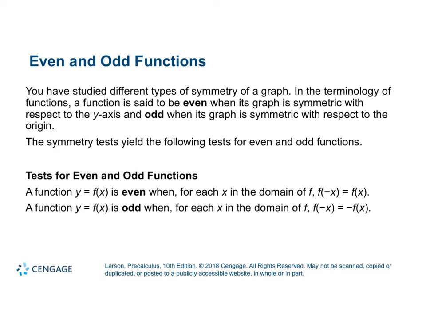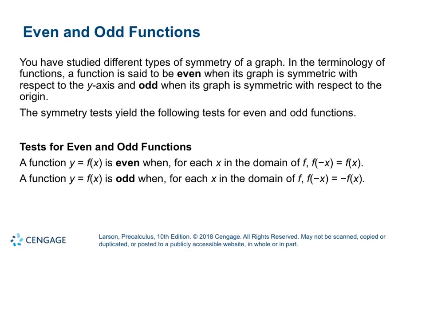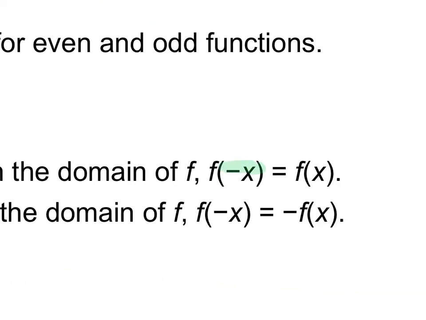A function y = f(x) is even for each x in the domain of f when f(-x) = f(x). So it's even if we take f(x), make x negative, and we end up with our original function. And then it's odd if we plug in a negative x and get the negative version of our function.